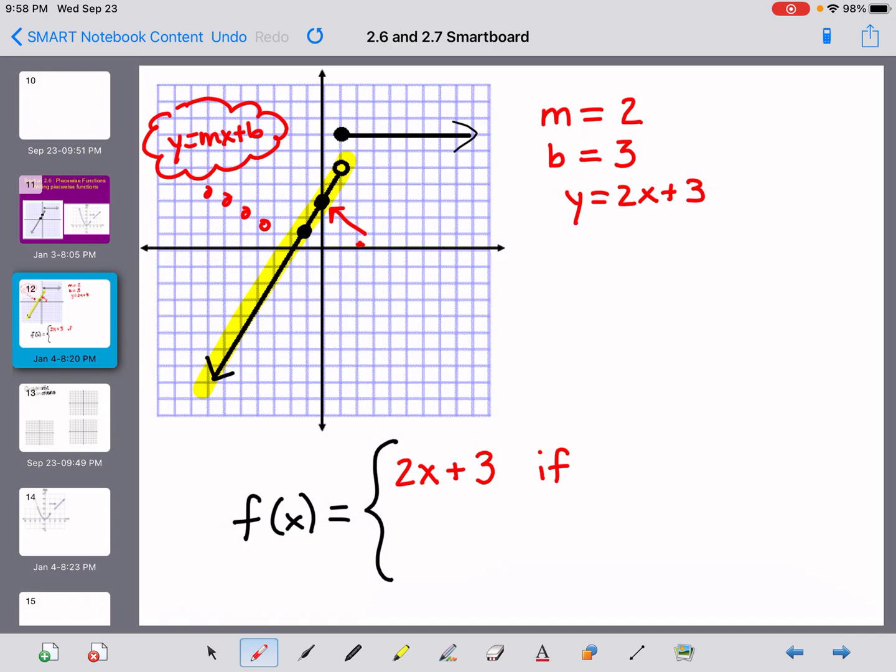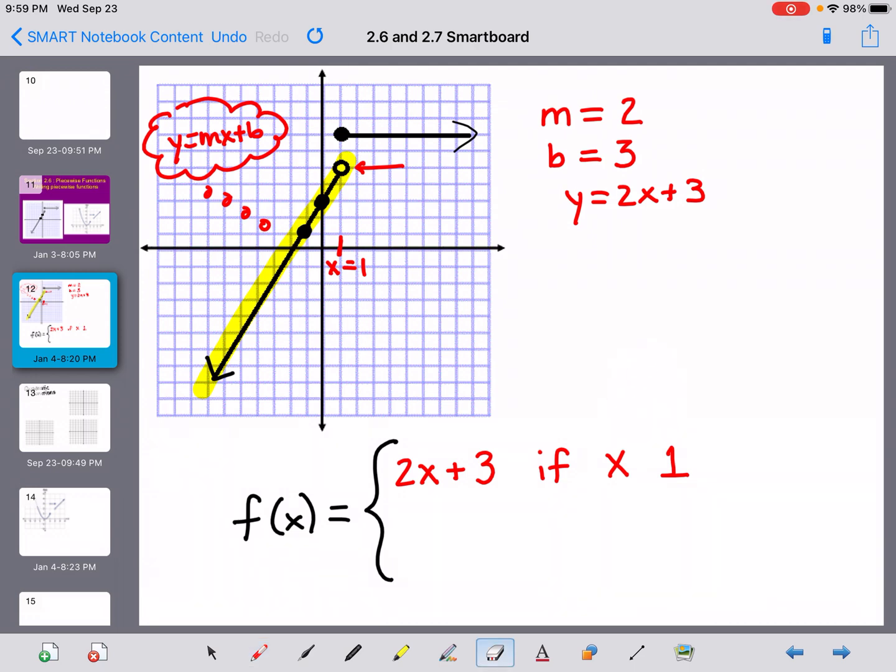Now, if. After the if, you're going to say, when is this line used? So find your open circle. Where is our open circle located? It's located at an x value of 1. So if x is something with 1, would I put a less than symbol, a greater than symbol, or less than or equal to, or greater than or equal to, right?